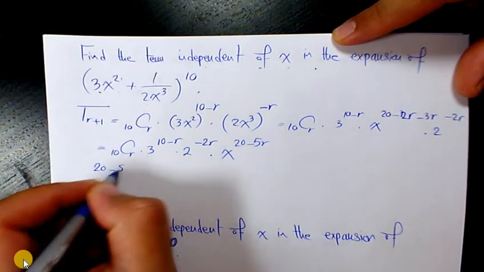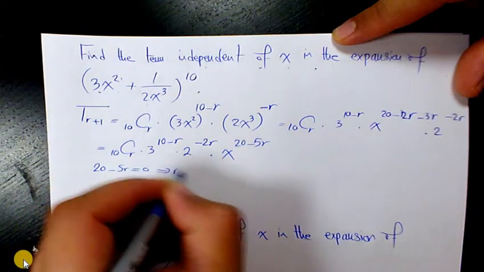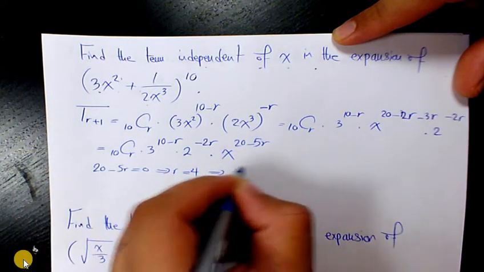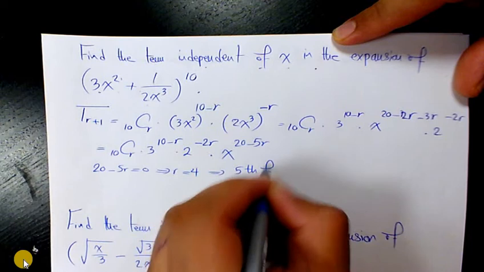20 minus 5r is supposed to be 0. It means that r is 4. It means that we are looking for the fifth term.